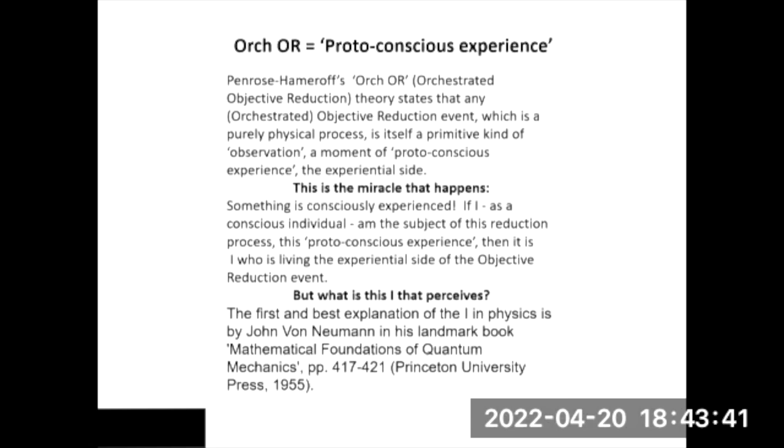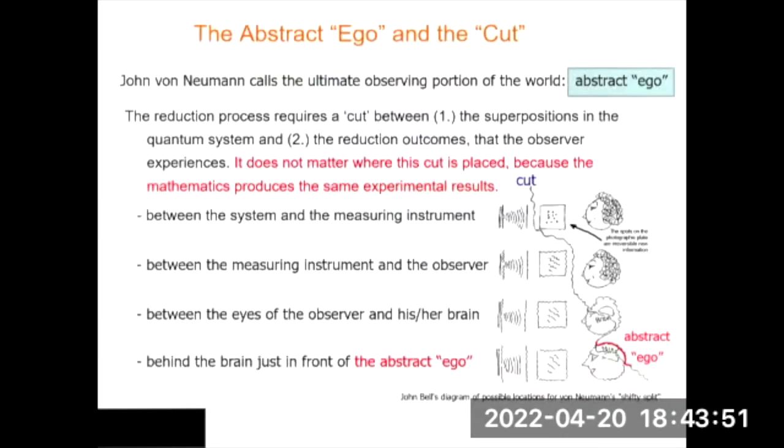Now, von Neumann has written about this in his book about the foundations of quantum mechanics. And this is an image of John Bell, who puts the cut between the quantum system and the observer in different places.